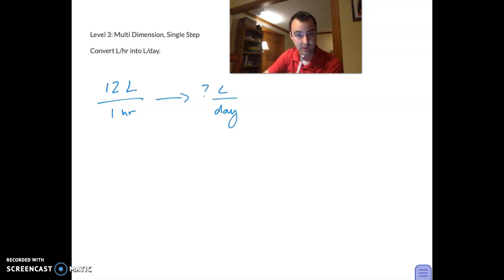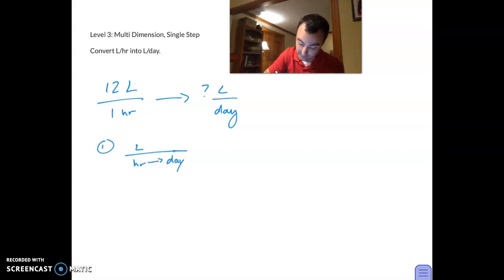Okay, so if this was the problem, the first step we do is the pathway. So we have liters per hour into liters per day. So the thing that is being converted has to be in the denominator in this case. So this is more than one dimension. This is a volume, and down here you have a time. So those are the dimensions that are being considered.